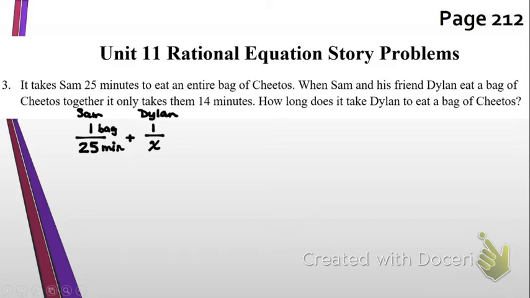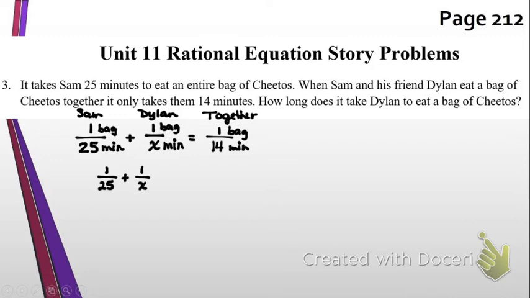But we know how long it takes for them both to eat it together, which is what? 14 minutes. 1 over 14. 1 bag of Cheetos, 14 minutes. Okay, so I'm going to write it down as just the fractions. I'm going to take the time each time to write down my ratios with the words because I want to make sure I have it set up right. But as you guys are practicing this and getting faster and better, if you jump right to the ratios, I'm not going to take off points.